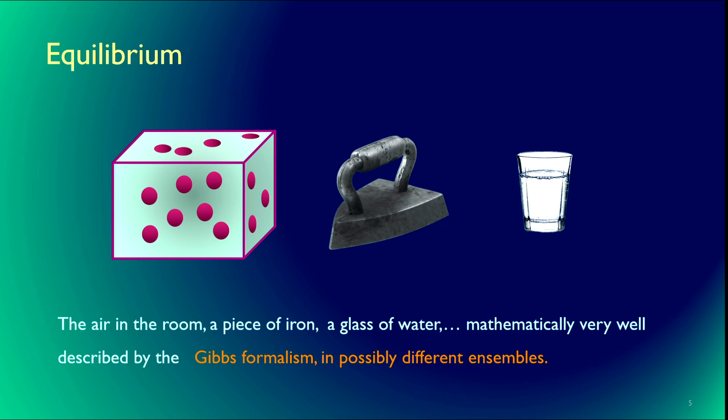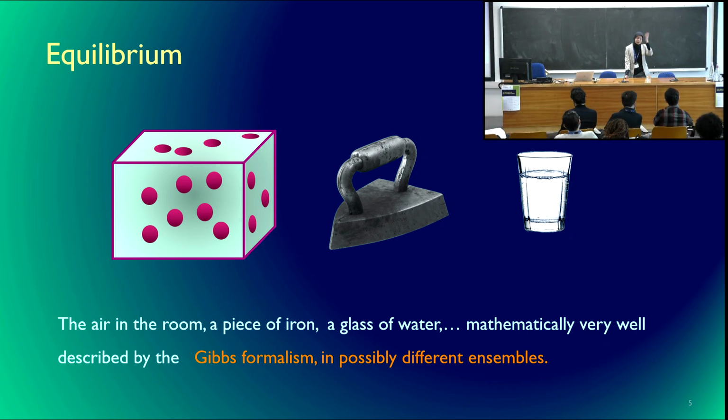Just imagine, what do I mean by universal property? For example, imagine air in equilibrium, of course not when the window is open, or a piece of iron, or water. All of them you can describe with Gibbs formalism. Do you remember the Gibbs formalism?